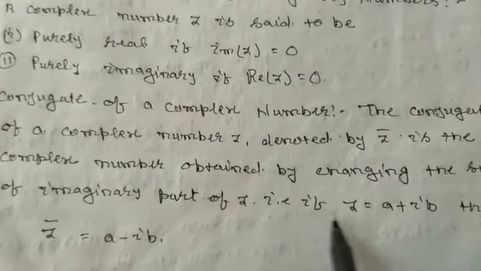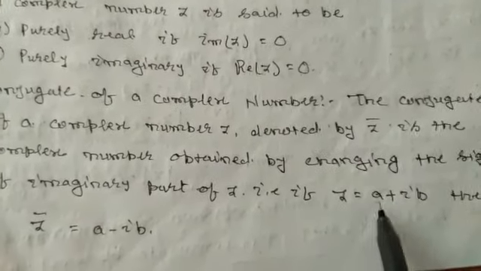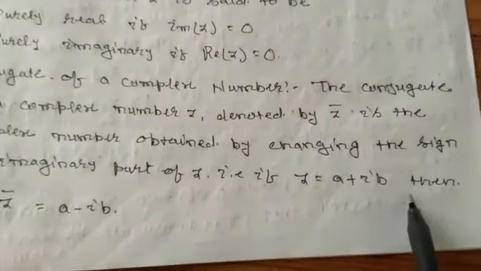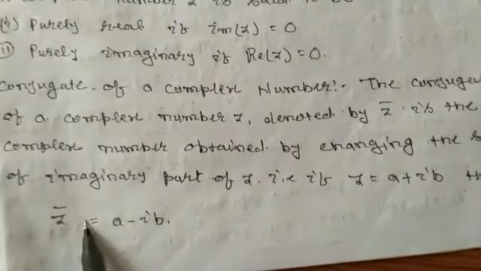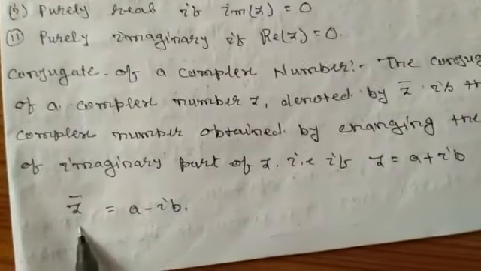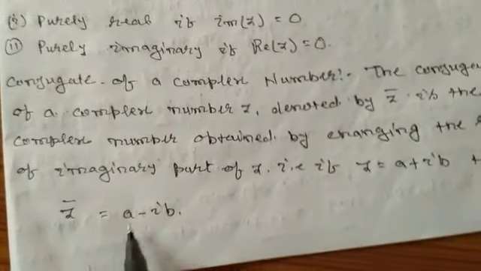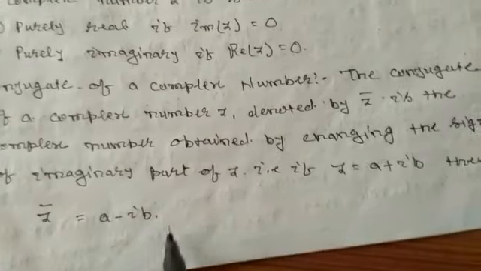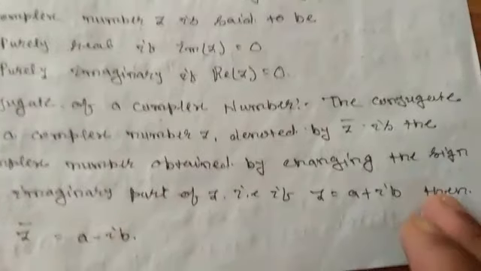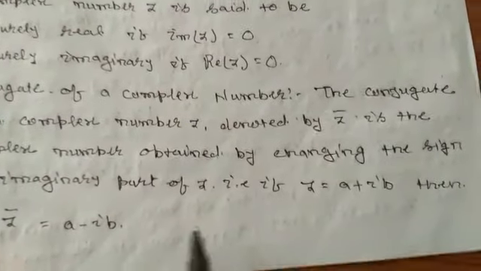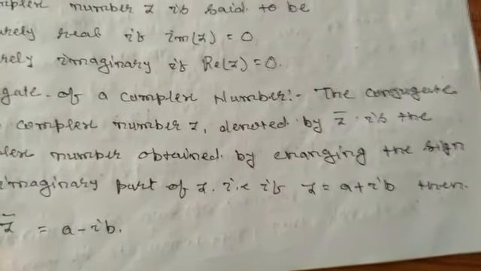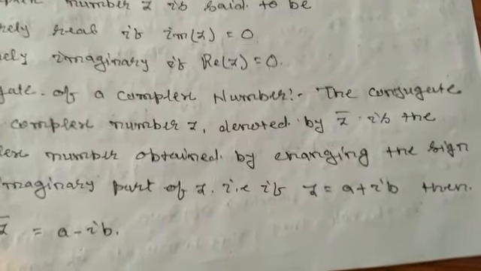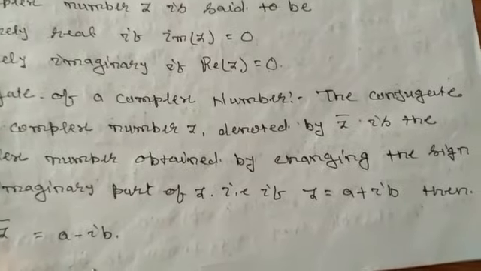That is, if z equals a plus ib is a complex number, then the conjugate of z, that is z bar, will be equal to a minus ib. While writing the conjugate of a complex number, you have to change the sign of the imaginary part only.